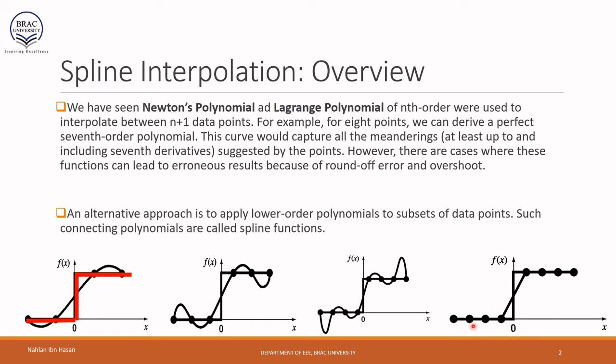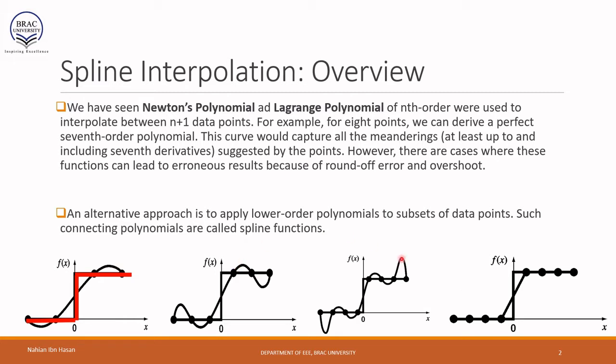Look at the fourth one. This figure captures the features of the data points much more accurately than the higher order interpolating polynomials. You have to remember that increasing the order of the polynomial does not mean that you will get a better curve. Sometimes simpler lower order polynomials give you proper and better results.